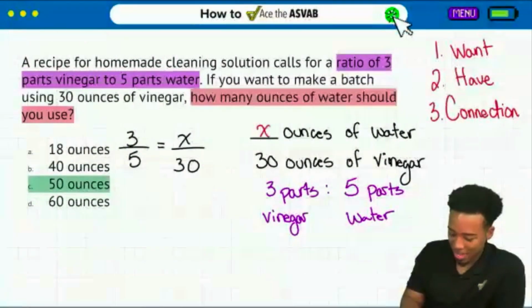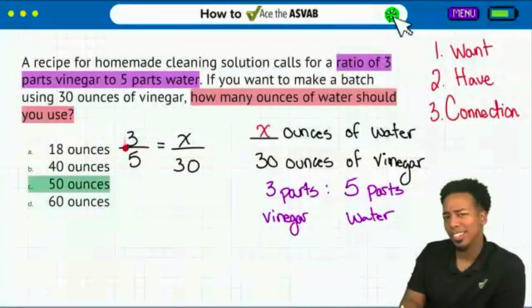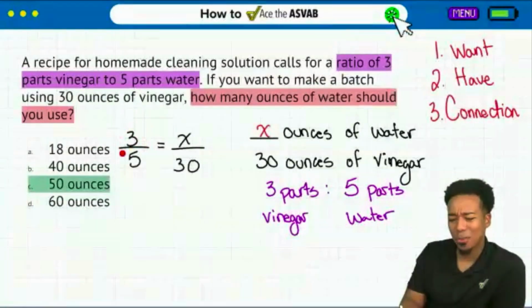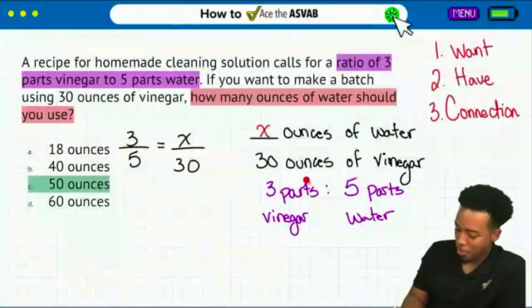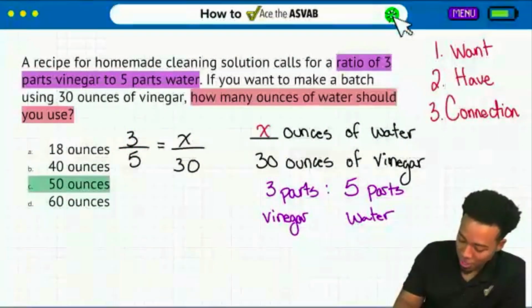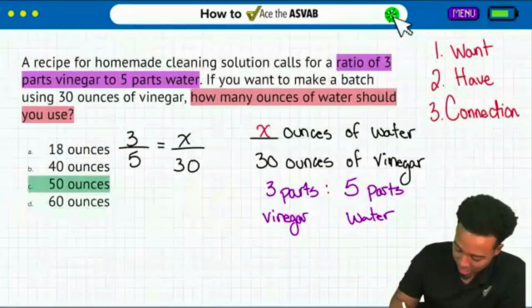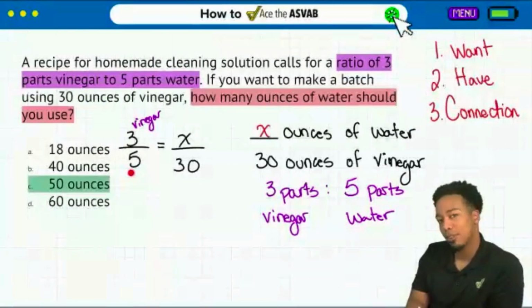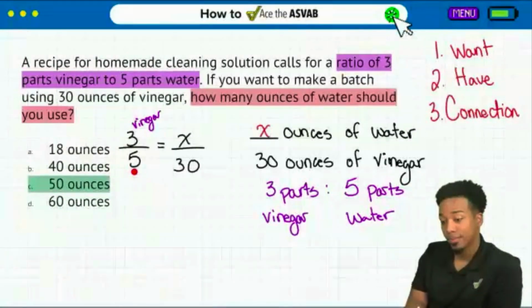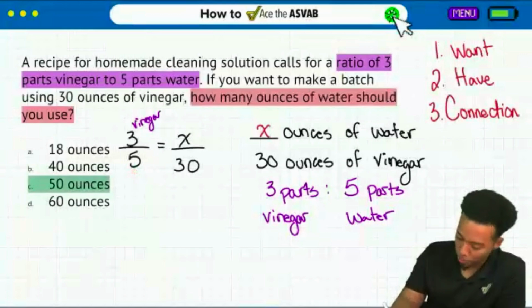Everybody, this 3 over here, what does the 3 represent? What does the 3 represent? Yeah, that represents vinegar. 3 parts vinegar. So this 3 represents vinegar. Okay. Everybody, what does the 5 represent? That represents water.